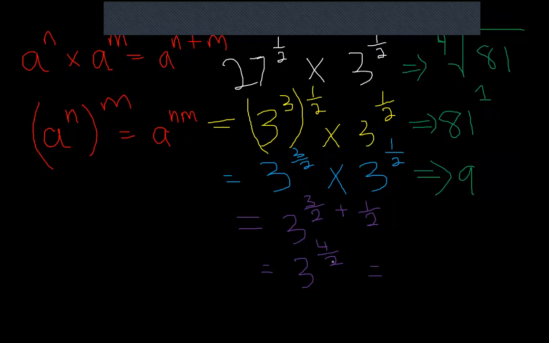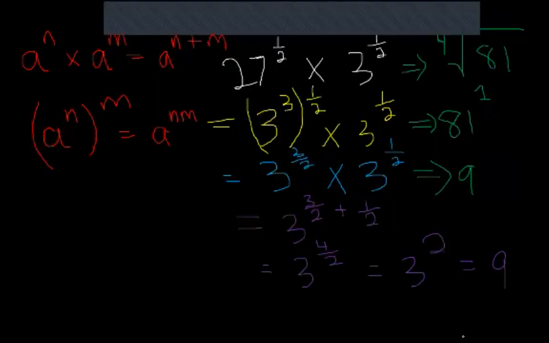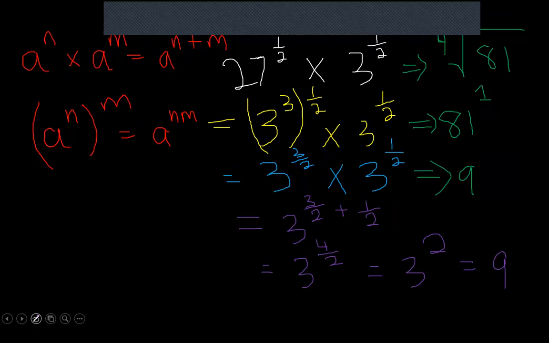But we know that 4 divided by 2 is 2. So that's the same as saying 3 to the power of 2, which is 9. So how was that?